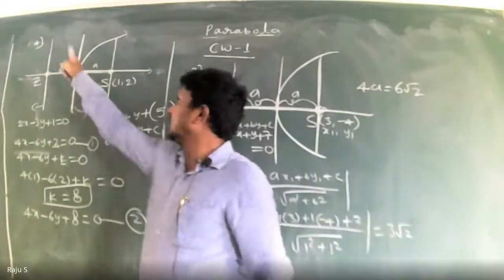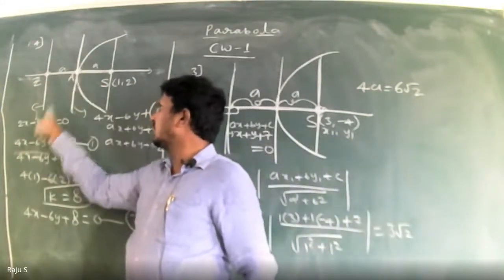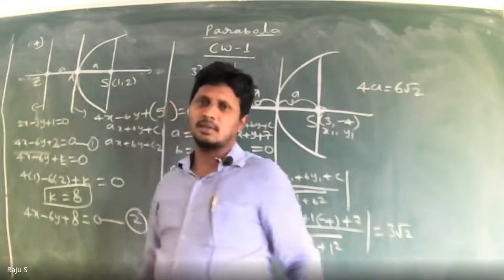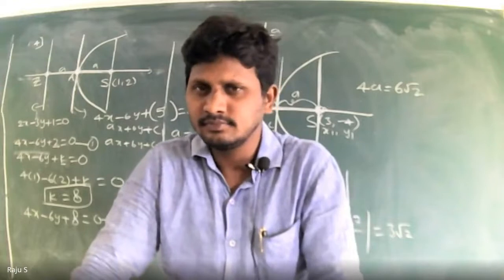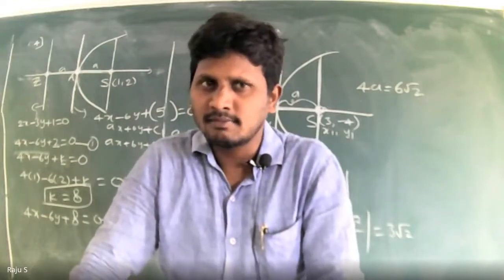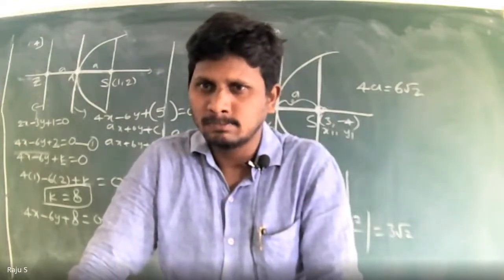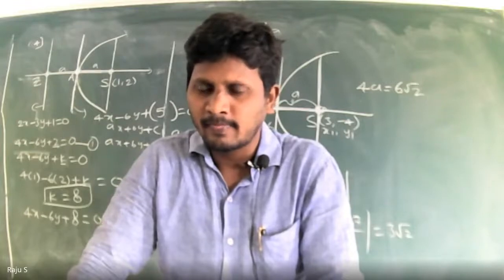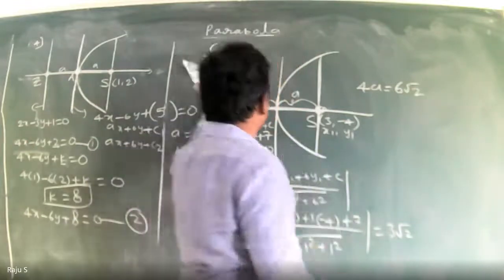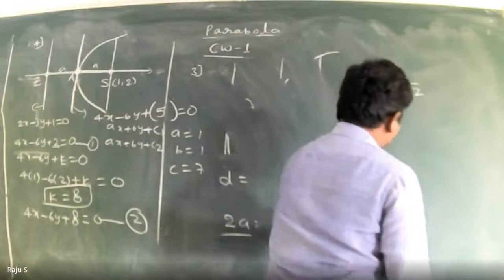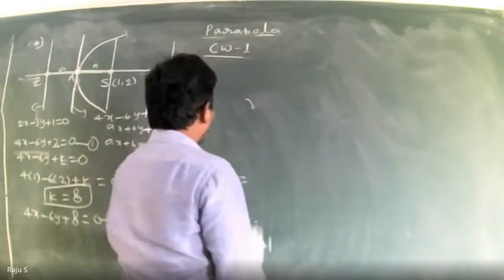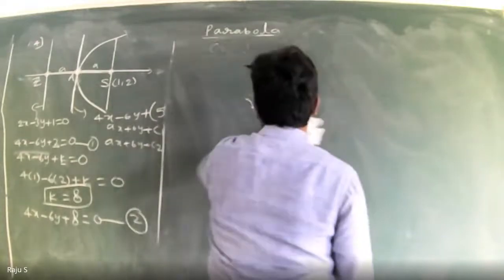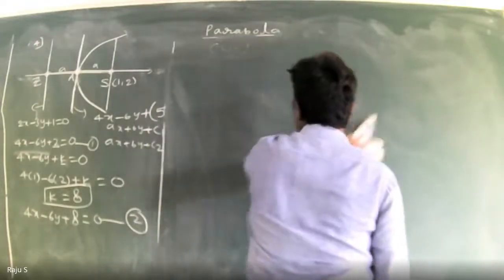Focus is given, some line equation is given, and they are asking the vertex. How can you find the vertex? By using the straight line concept. Straight line is already completed for you.